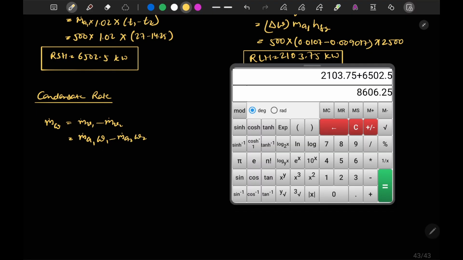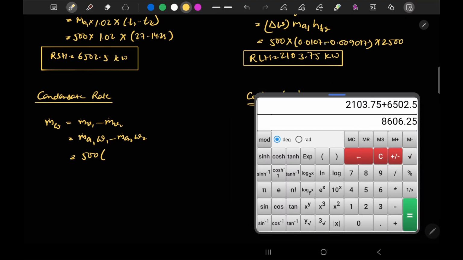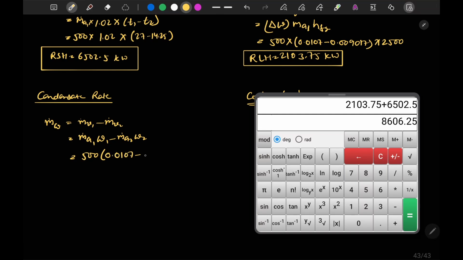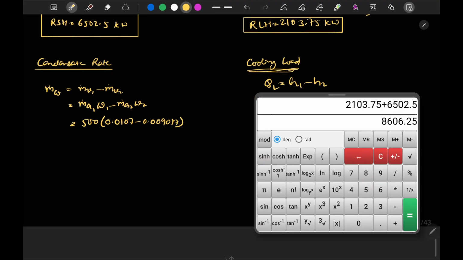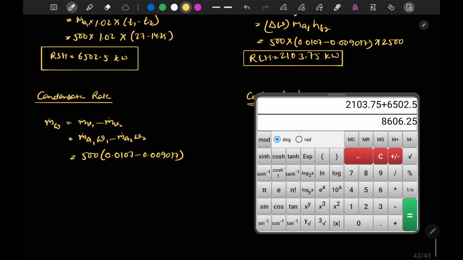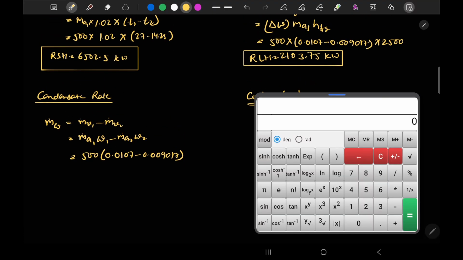Now m dot a1 is equal to m dot a2, both equal to 500. So we can write 500 into omega 1 minus omega 2. We have calculated the delta omega value: 0.0107 minus 0.009017, into 500.